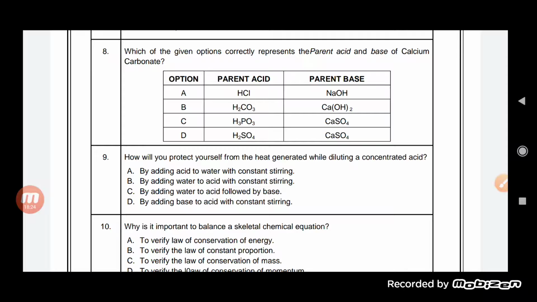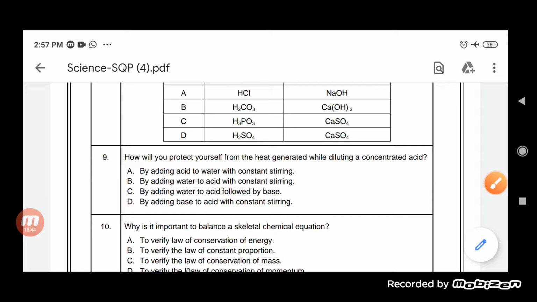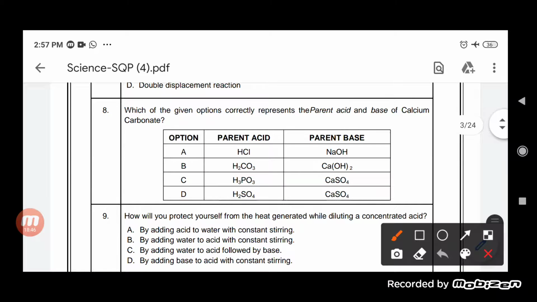Parent acid and base here means which acid and base combine together to form calcium carbonate. HCl and NaOH, when they react together, form sodium chloride. So obviously this is not a correct option, so this is the wrong answer.